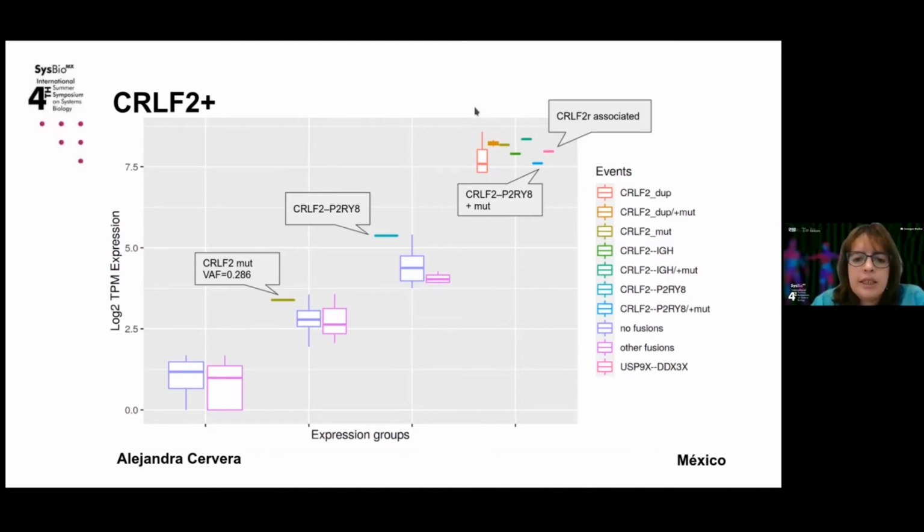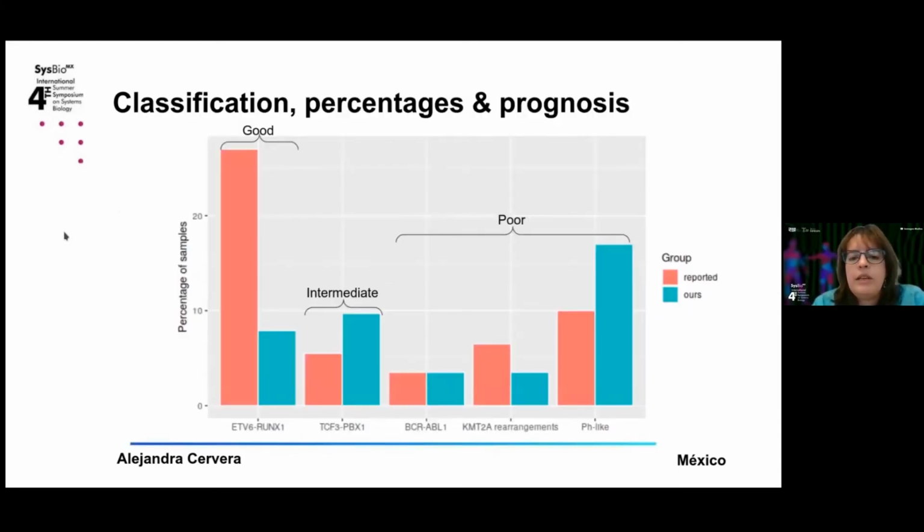So I think that the K-means algorithm helped us really separate the groups here, and we have then managed to classify more patients. And here I'm showing you the classification of the patients as well as the prognosis for these different classifications. So like I mentioned before, ETV6-RUNX1 is the most recurrent fusion in other cohorts.